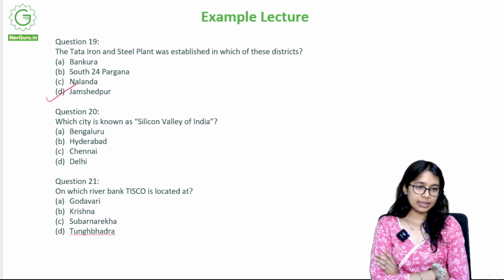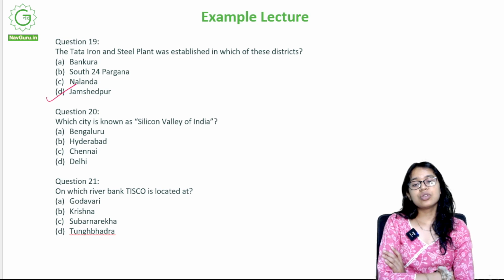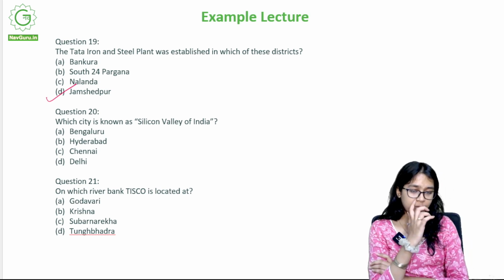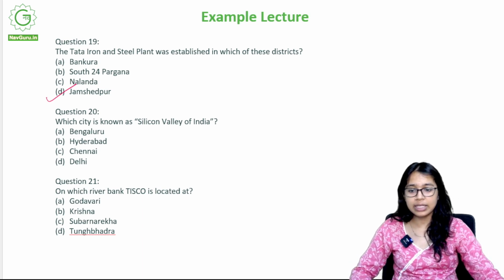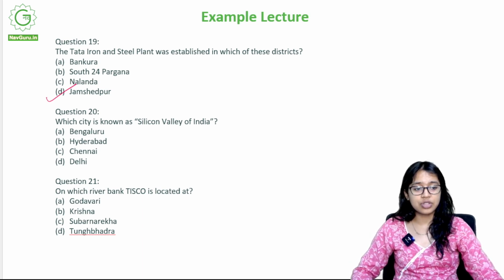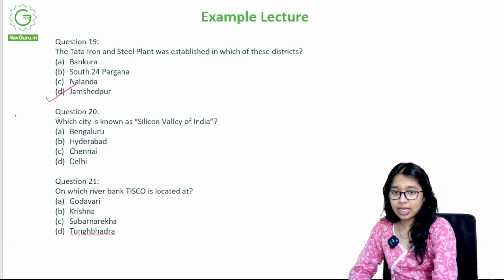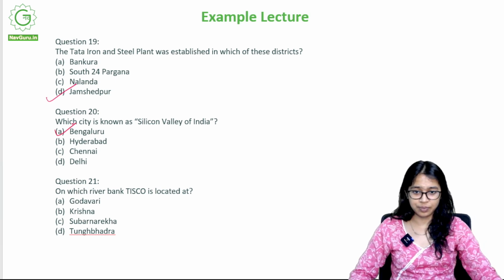And that is considered the Silicon Valley. So which city comes close in comparison to it, and in India is compared to the Silicon Valley? The right answer is it Bangalore, Hyderabad, Chennai, or Delhi? So the right answer is A, Bangalore.